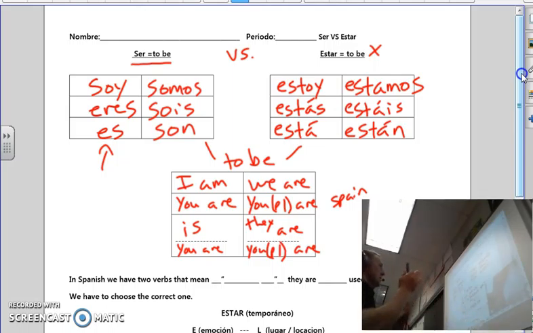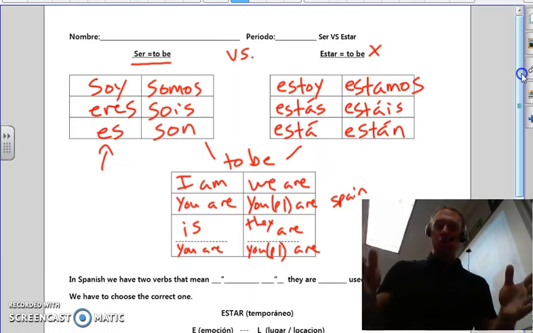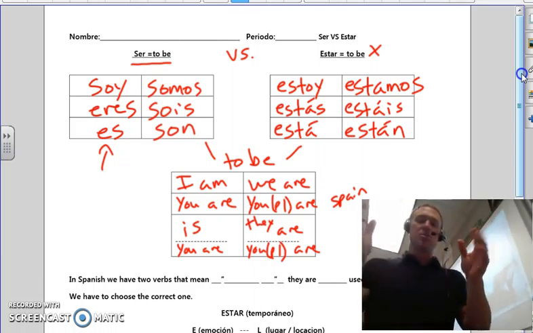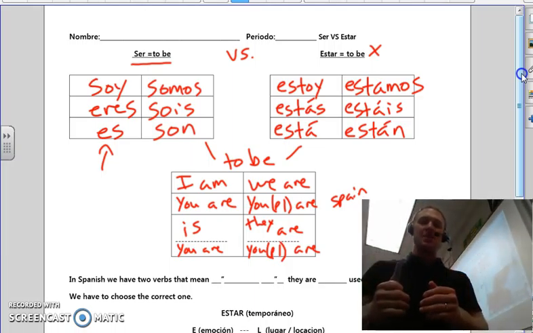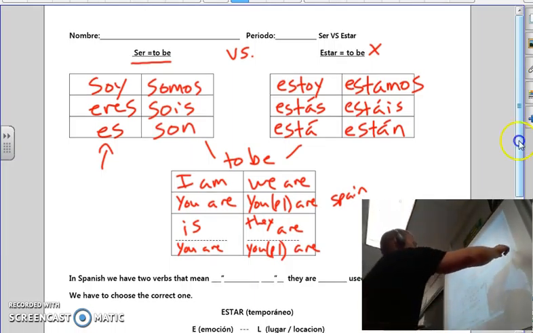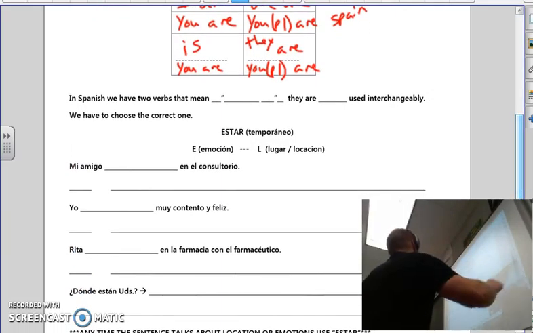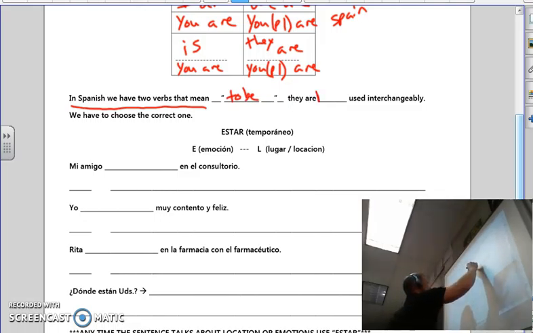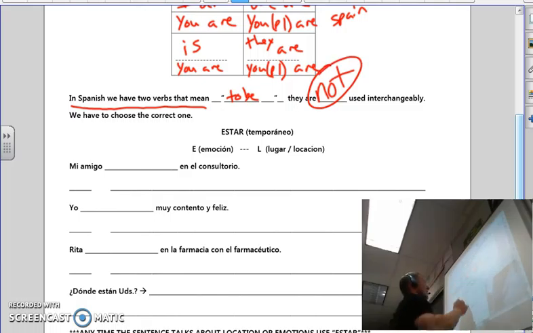So this is a concept that we already knew coming into this video today. Ser, estar, two verbs mean the same exact thing. Here's the problem. Well, let's back up. In Spanish, we have two verbs that mean to be. They are not used interchangeably.